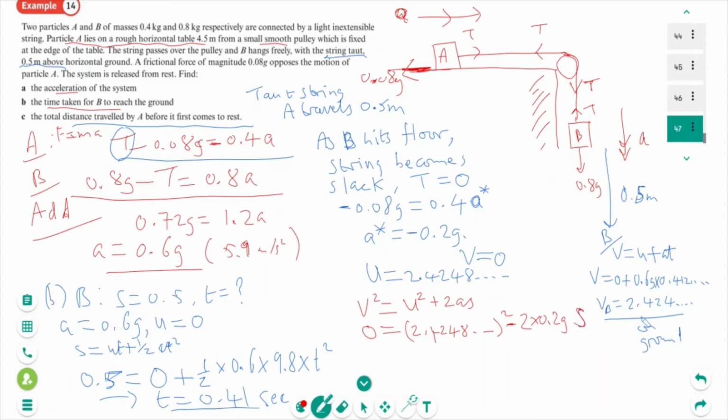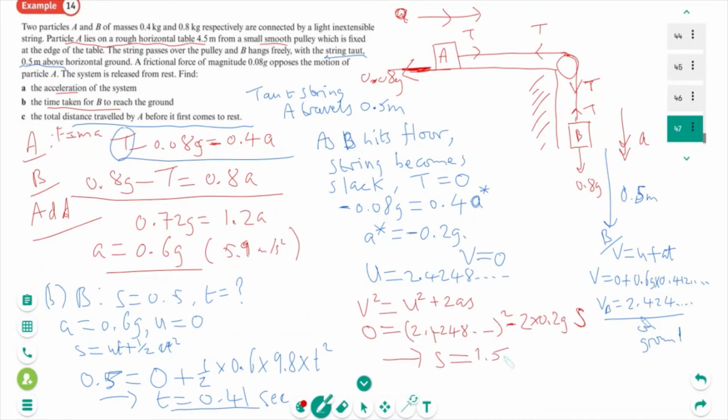That gives you an equation to find s for the second part of the motion of A. If you solve that, you get s to be about 1.5 meters. So that's how far it moves when the string becomes slack.